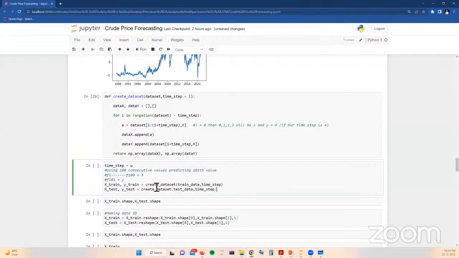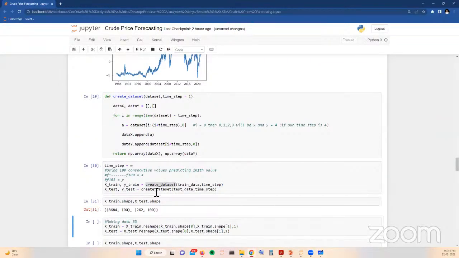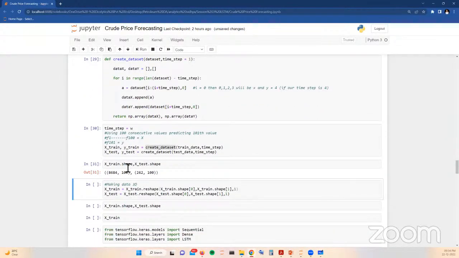So I'm using this function here, making my training set and testing set. Now, if you see, the shape of my train and test has changed. Now these 100 are there. Why are these 100 there? Because I am telling that the first day's data is dependent on the last 100 days of data. I've just done that particular thing only, nothing else.